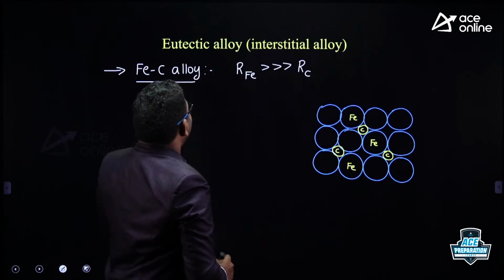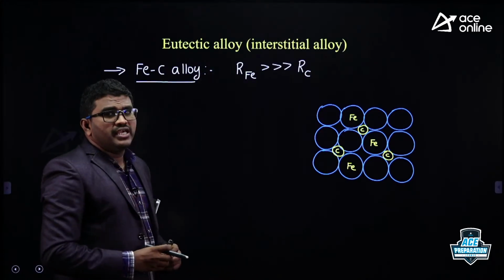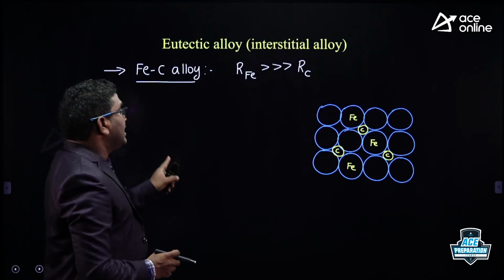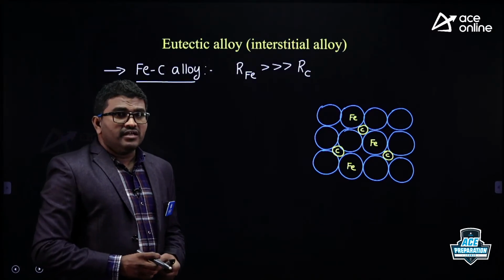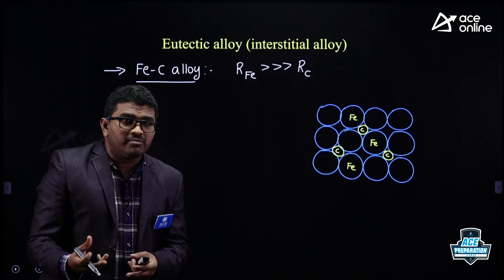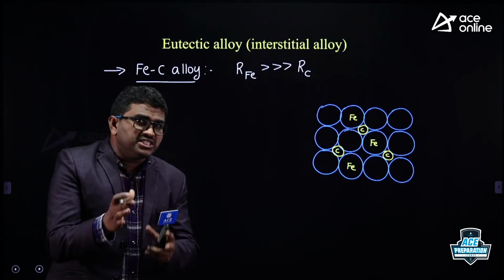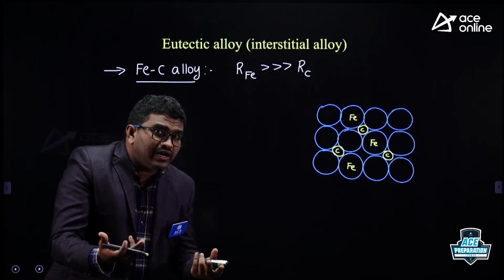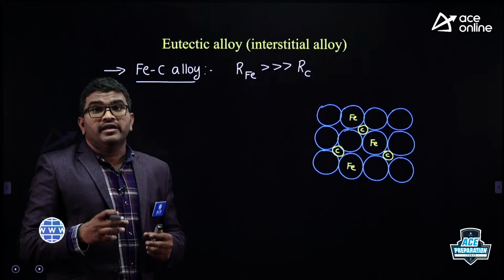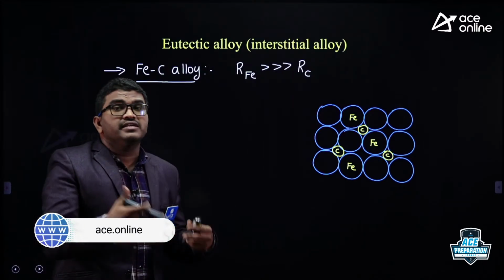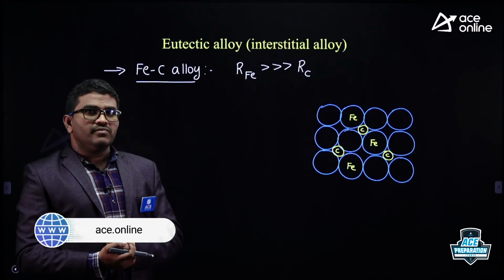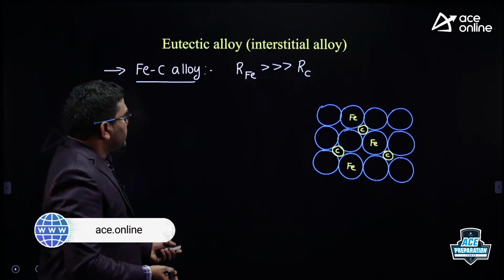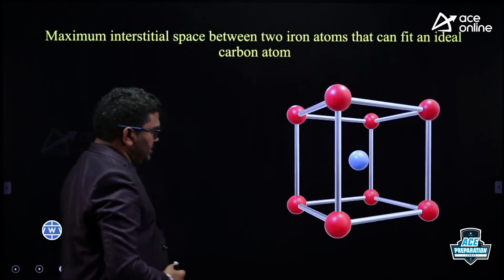So the iron carbon alloy is an interstitial alloy. Remember, what type of alloy is this iron carbon alloy? It is an interstitial alloy. So, steel is what type of alloy? Interstitial alloy. Cast iron is what type of alloy? Interstitial alloy. Remember that.